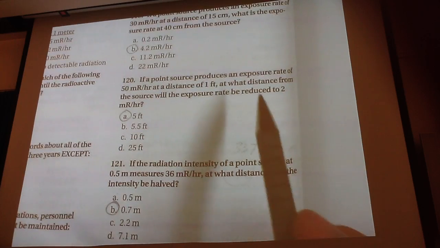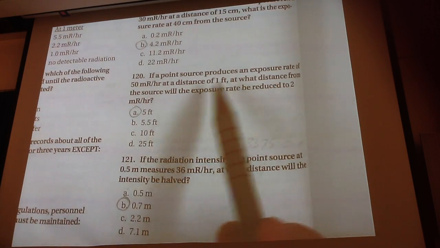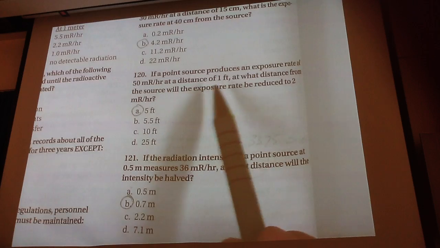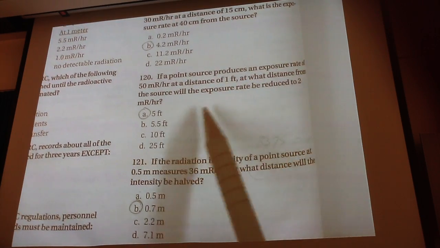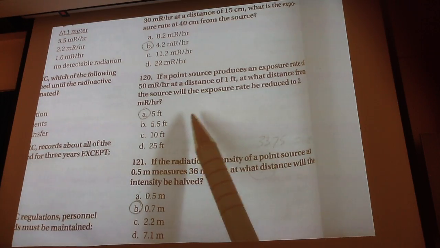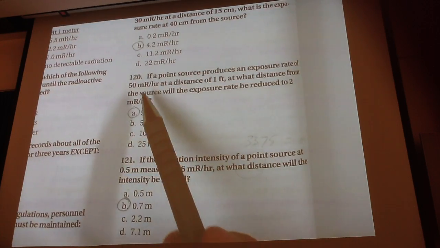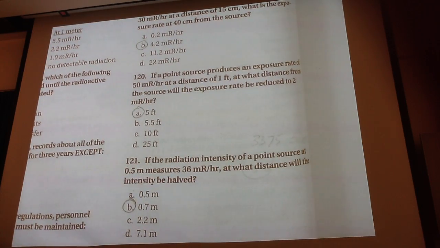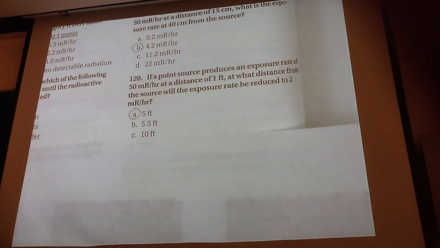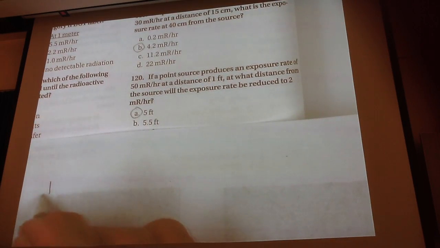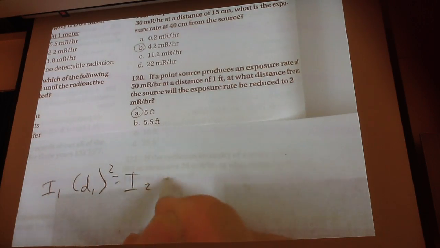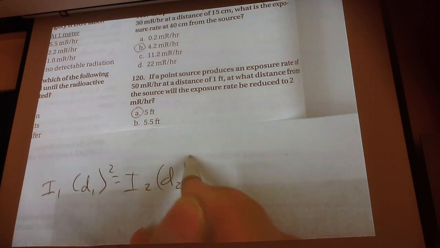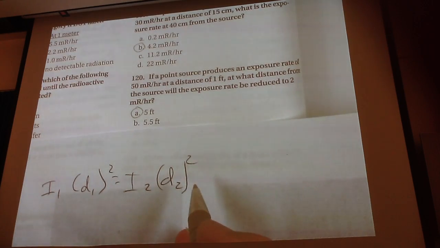Okay, next question here. If a point source produces a rate of 50 MR at 1 foot, at what distance would you have to have it at to get 2 MR per hour? Okay, so that's just the type of question that we just did. So you have 50 MR. So again, I1 D1 squared equals I2 D2 squared. And again, this is probably the better way to remember the inverse square law.